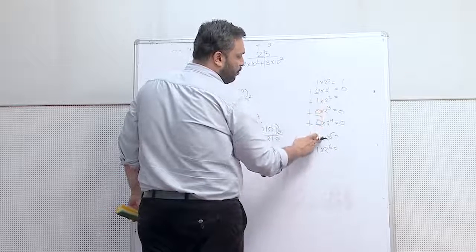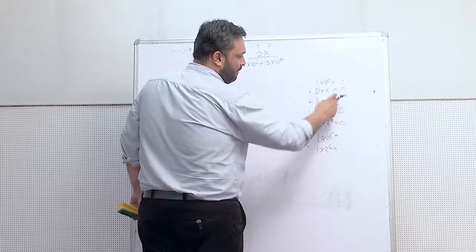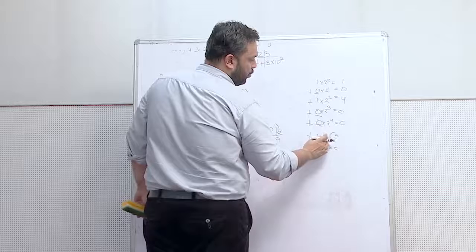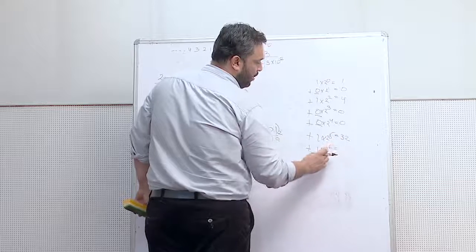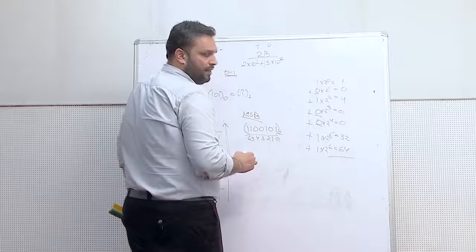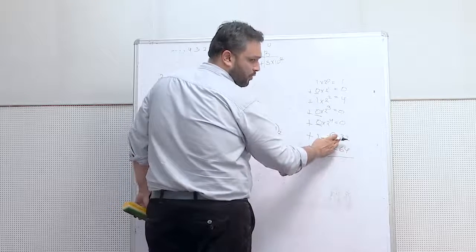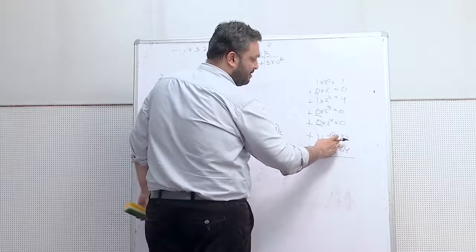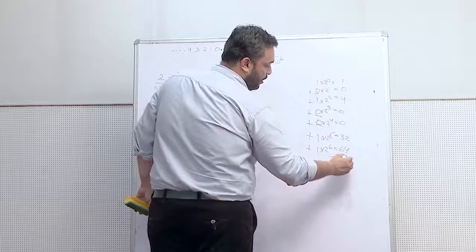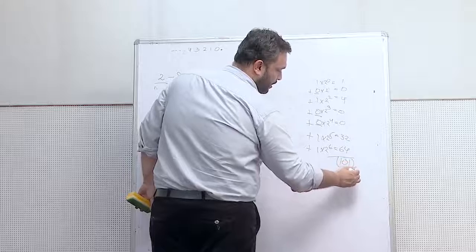We can simply find out the powers of 2 and write them down. So 2 raised to power 2 is 4, 2 raised to power 5 is 32 and 2 raised to power 6 is 64. Now let us carry out the addition. 64 plus 32 is 96 plus 4 is 100 plus 1 is 101 in decimal.